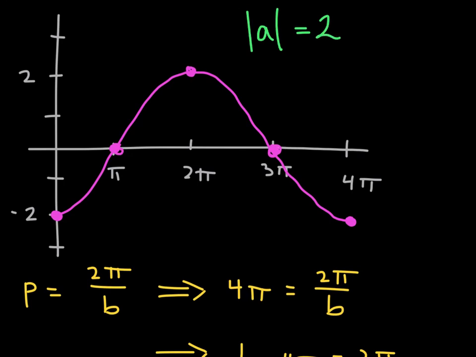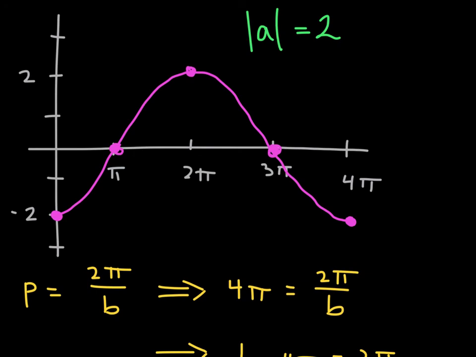I know A. Now, notice that for cosine, usually cosine starts at a y-intercept, right? Like (0, 1). And usually it comes down, it decreases. But here, this is increasing. And so my thought is there has to be a reflection in here somehow.